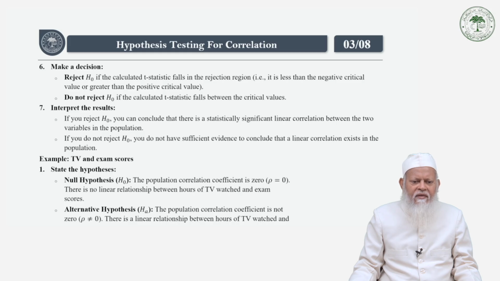So we move ahead. Then comes the interpretation of the results. If we reject the null hypothesis, we can conclude that there is a statistically significant linear correlation between the two variables. Whereas if we do not reject the null hypothesis, it means that we do not have sufficient evidence to conclude that a linear relationship exists between the two variables that we are studying.